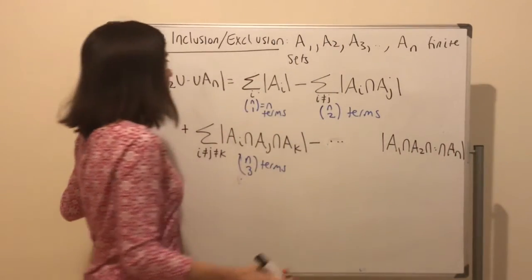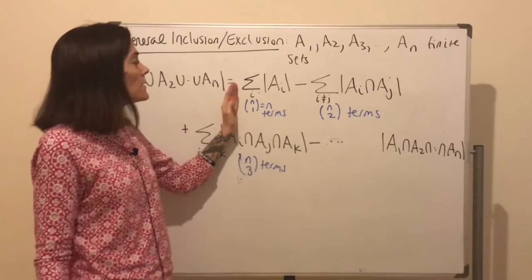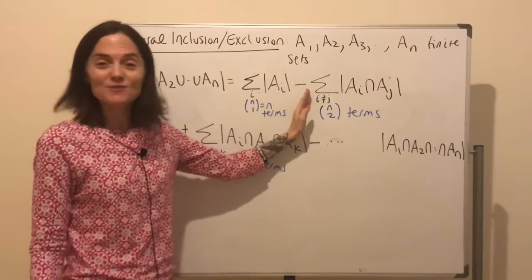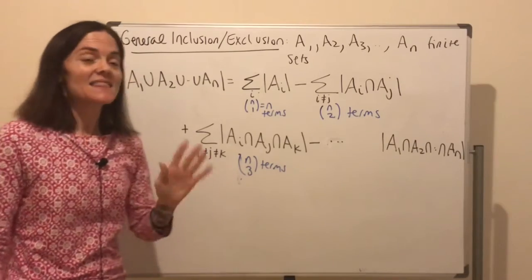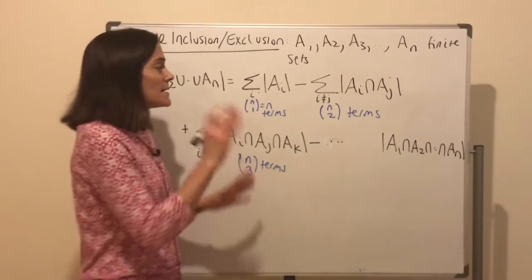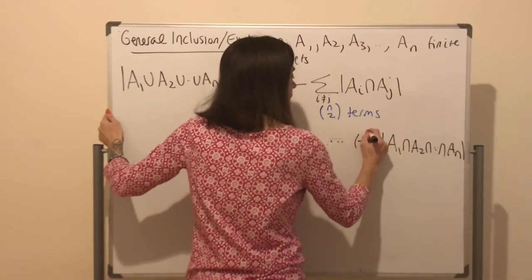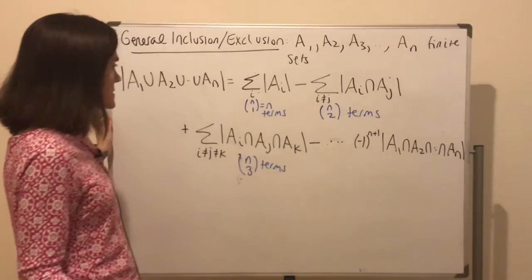And we have to figure out the appropriate power of minus 1. Here we have 1 term is positive, 2 terms is negative, 3 terms is positive. This suggests the power is (-1)^(n+1), or n minus 1 is fine too.